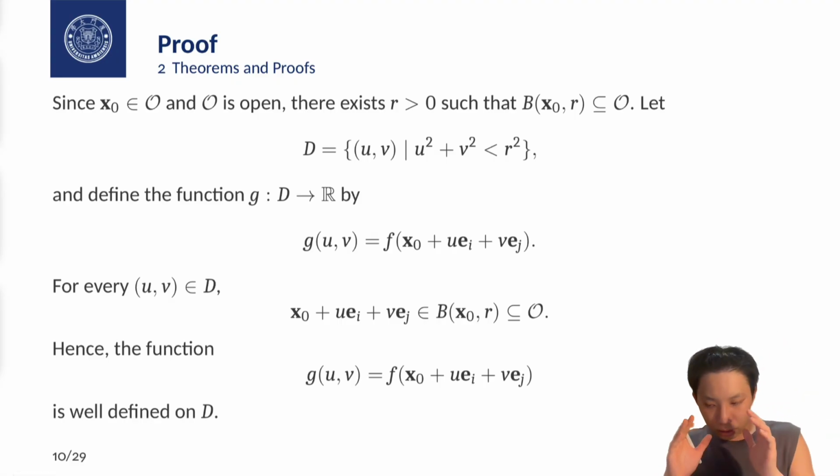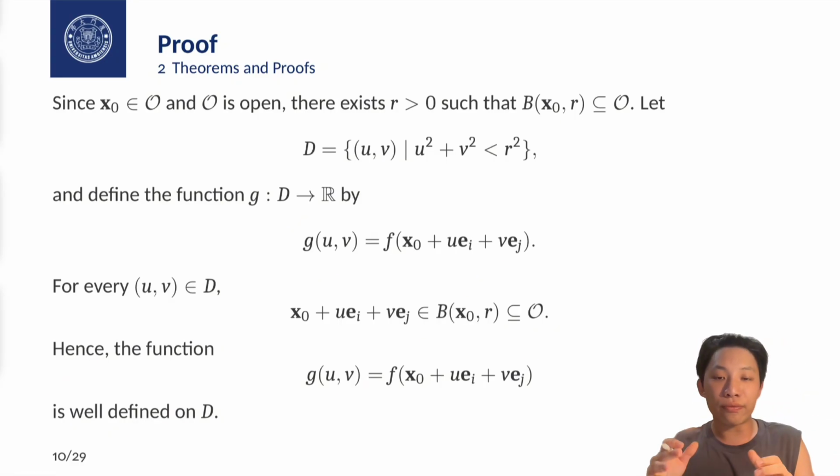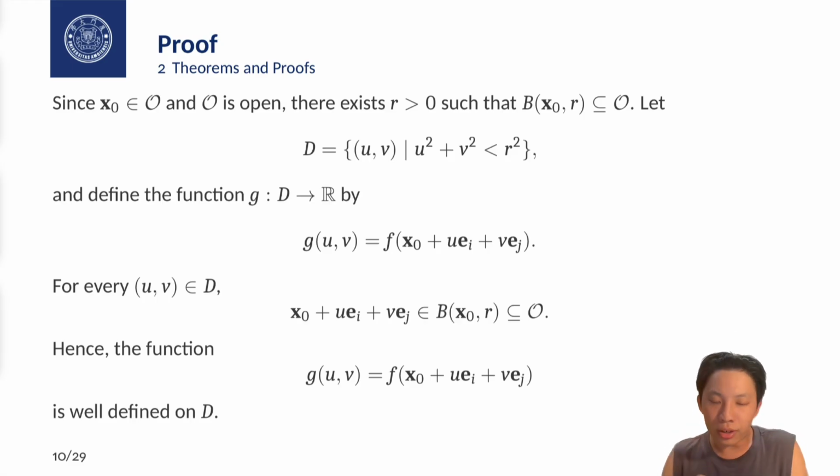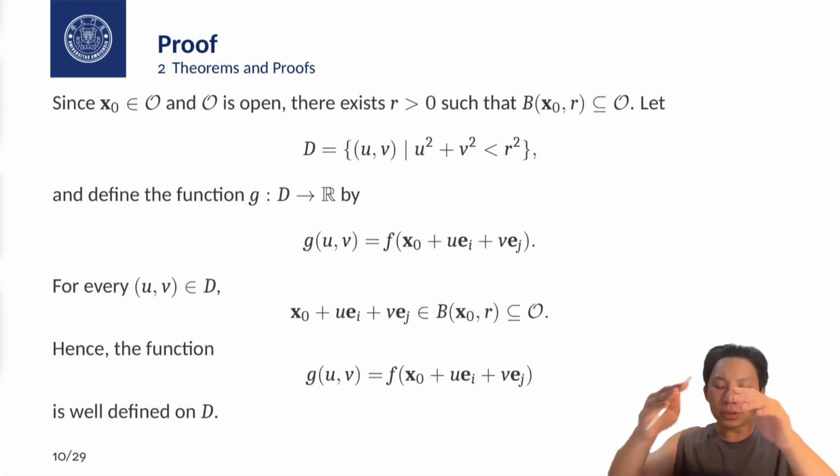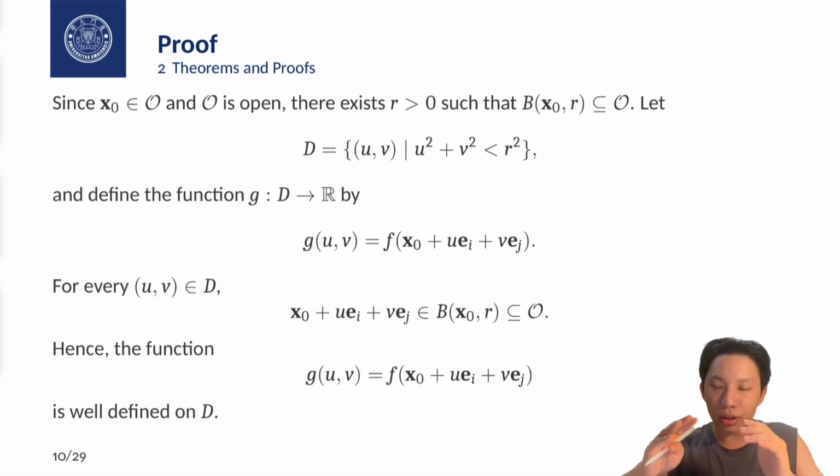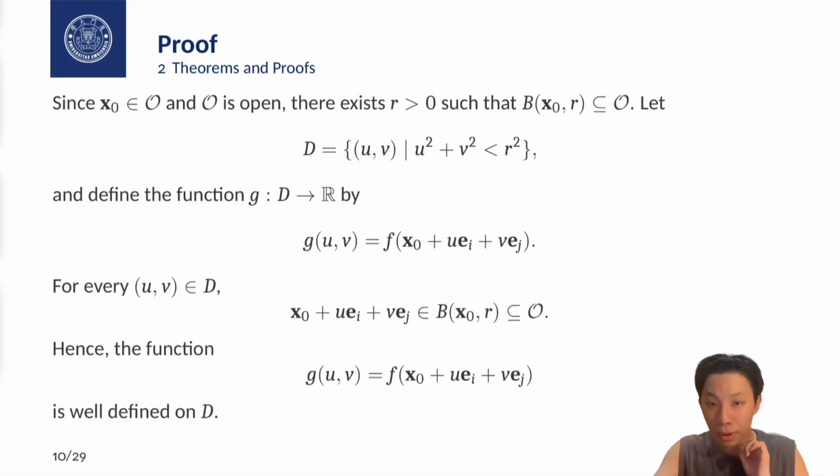The question is about a function of n variables, but actually we only focus on two directions. So we can reduce this question to a question about a function of two variables using a change of variable, and the question will become easy.